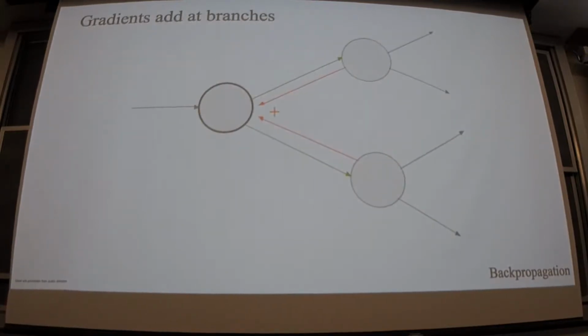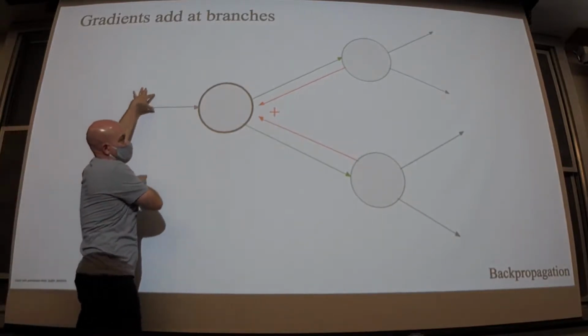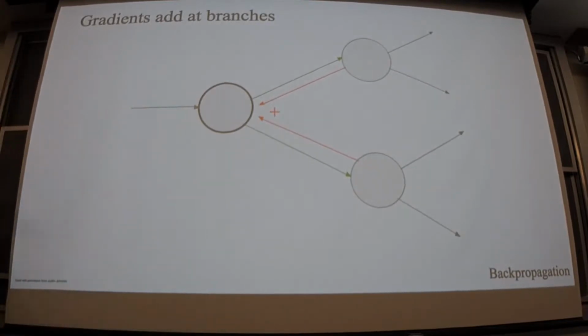Okay. Also, just following the rules of calculus and differentiation. We dealt with the other case where there were 2 branches coming in on the forward pass, but now if there are 2 branches going out on the forward pass, you might think, well, what do I do here?